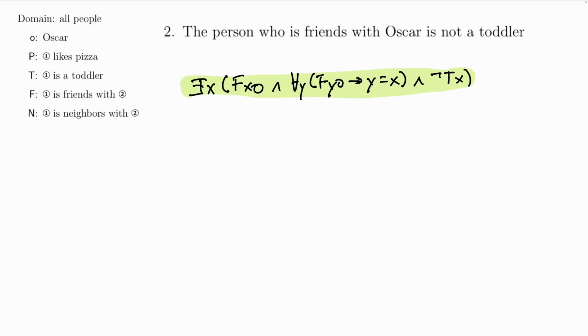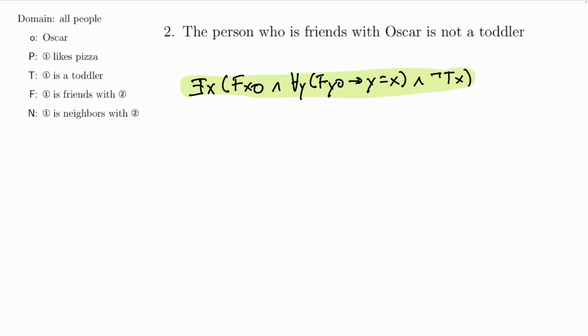But we could also imagine someone who disagrees in the first place with the claim that there's exactly one individual that's friends with Oscar. Maybe this person thinks that Oscar has 5 friends, say. That person would disagree with any statement that started the person who is friends with Oscar, because they don't think there is such a person.